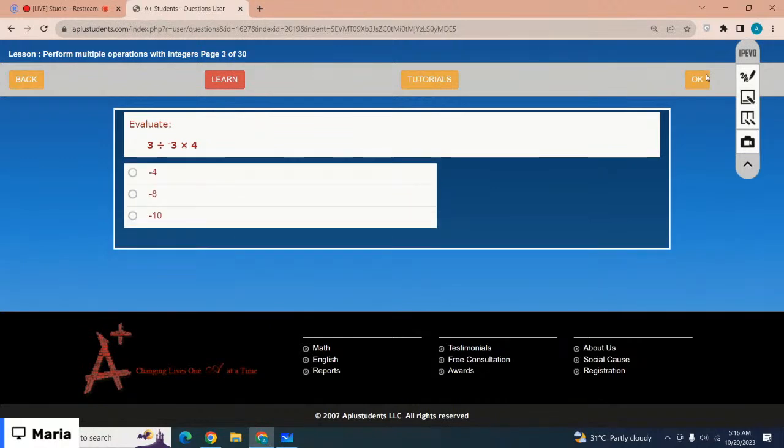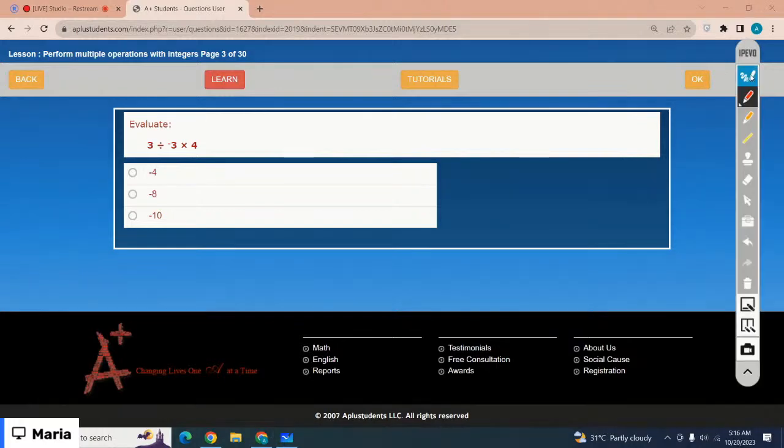Okay, the next one is 3 divided by negative 3 times 4. Go from left to right. First, you have to divide. So you are dividing 3 by negative 3. The answer would be negative 1. And then you have to multiply it by 4.